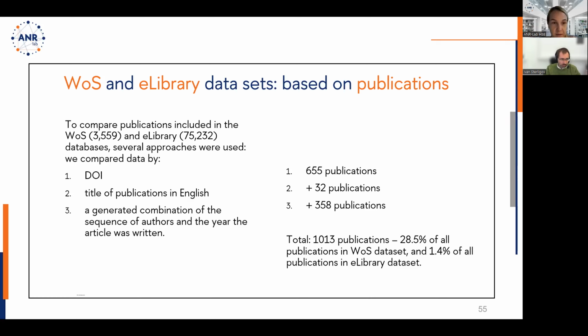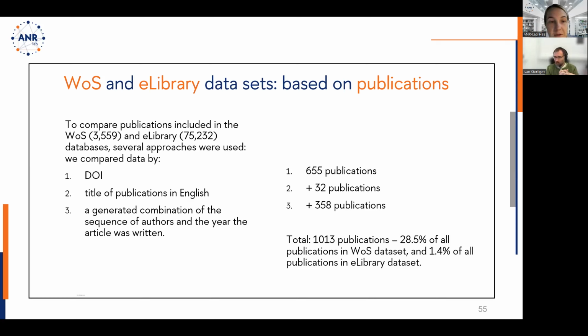Then we were searching by the title of publications in English. As you have seen, we do not have many publications in eLibrary which have their name in English, so we had to translate them, and then we removed some articles and so on, so that it allowed us to make a set of words which we compared to each other, and it gave us plus 32 publications.